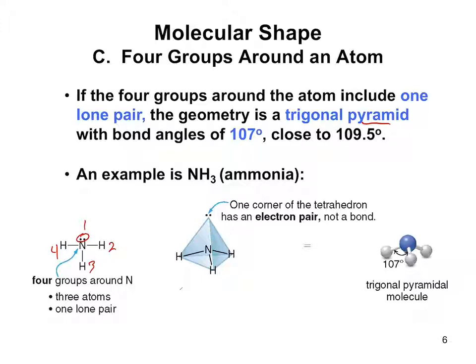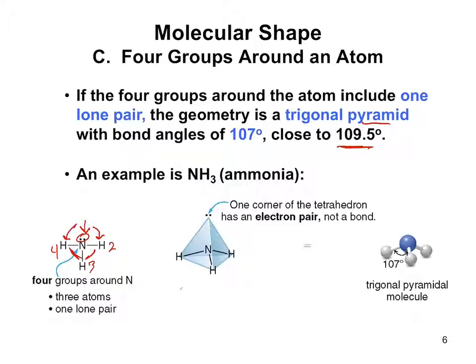And so the angles should be right around 109.5, because remember that the 4 groups were 109.5 degrees apart. But in this case, because we have this lone pair of electrons here, it does count as a group, but it takes up a little more space. So it's kind of pushing down on these bonds just a little bit, shrinking these angles.